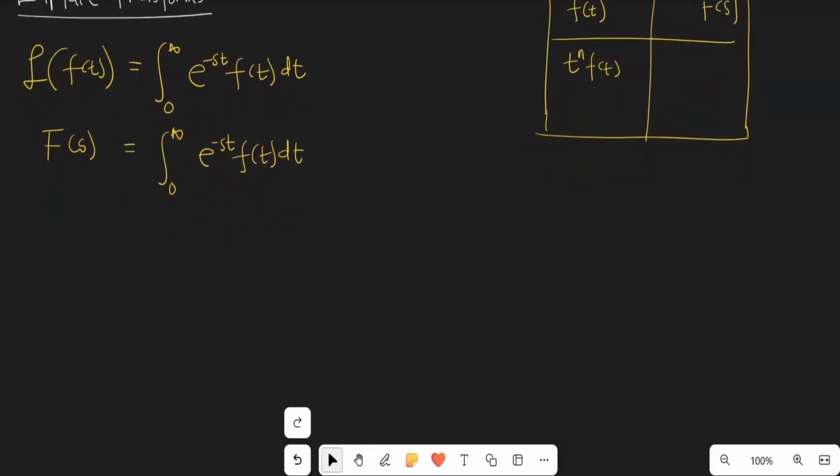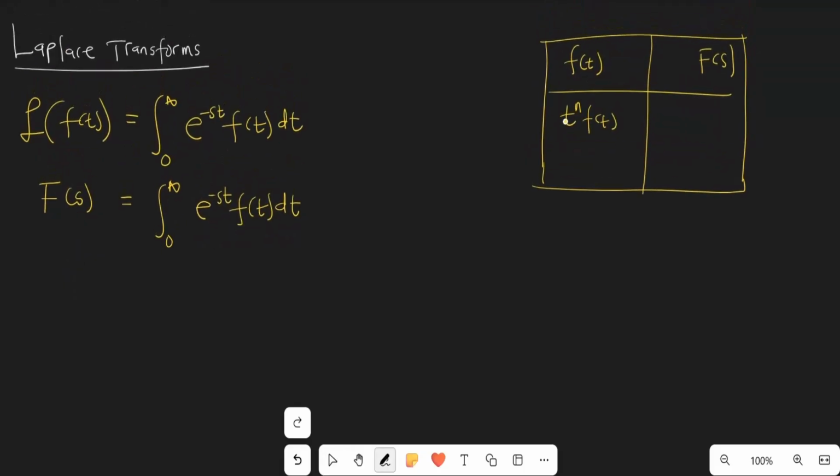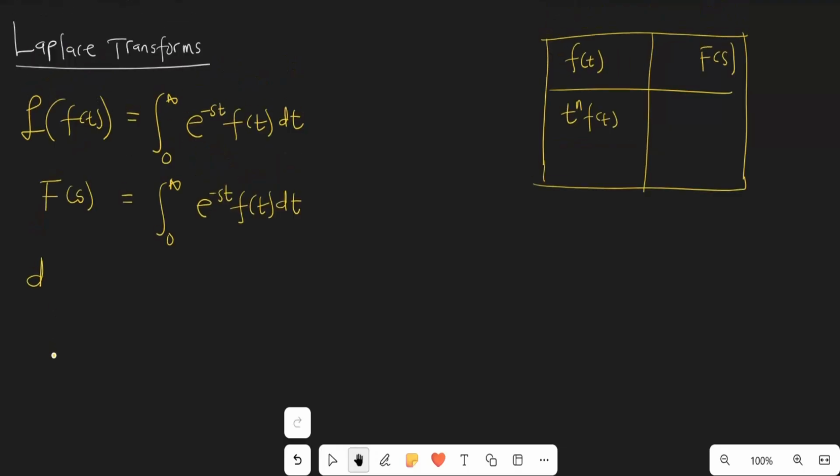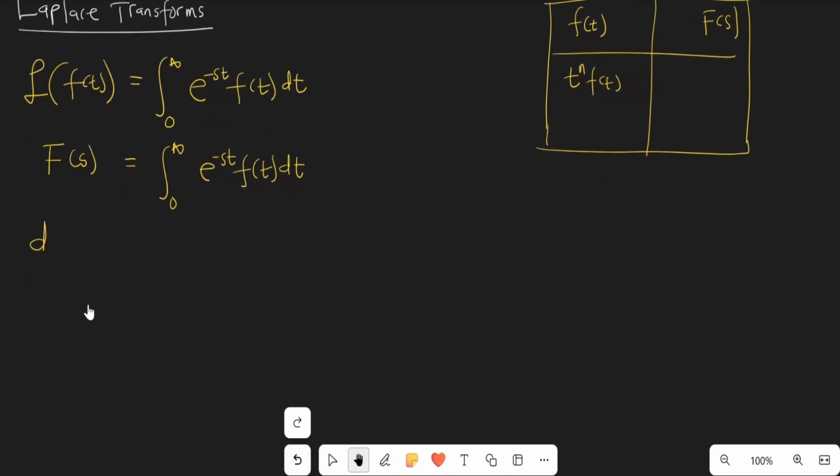So we are going to find the nth power of t multiplied by f of t. To bring t down to multiply this, we will have to differentiate this with respect to s. But we want t raised to the power n, so I have to differentiate it n different times.